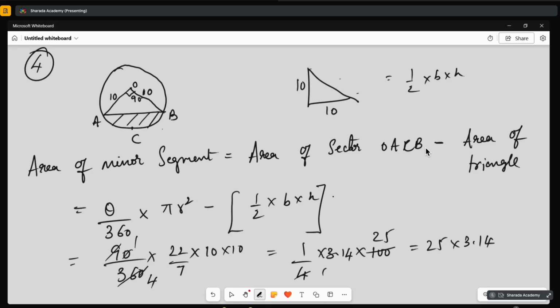So half into base into height, this portion, it is half into 10 into 10. So this portion is 50. So total area will be this minus 50. This is the answer. Okay. So whenever you get a right angle triangle, half into base into height. Leaving the hypotenuse, the other two will be base and height. That's all.